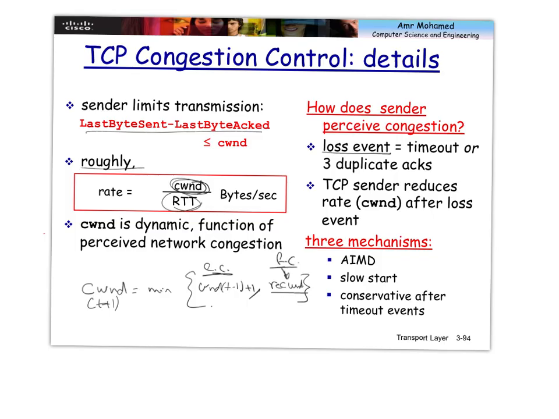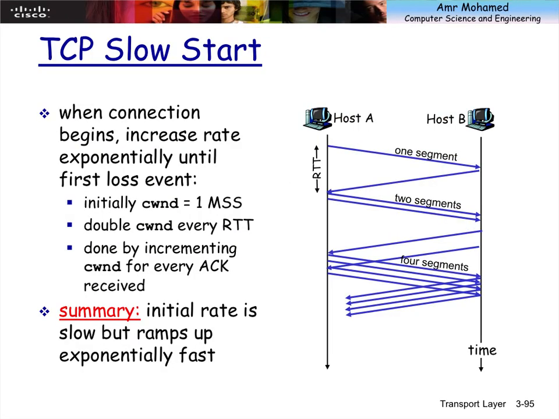But we increase very fast based on incrementing this congestion window with every single acknowledgement we receive. So we will see this visually, that we start from a very low number, but we actually move very fast. So that's how it works.